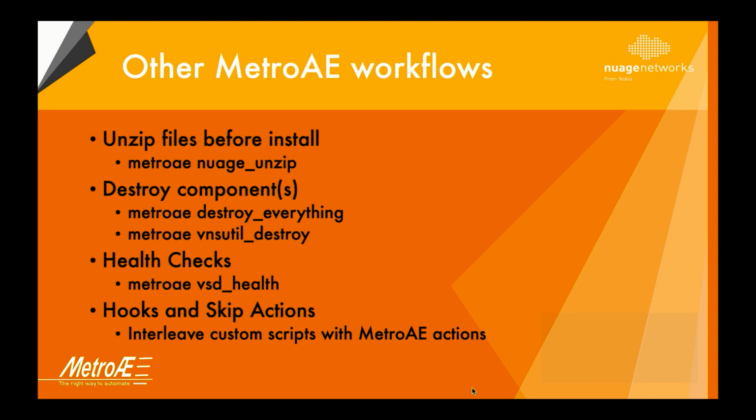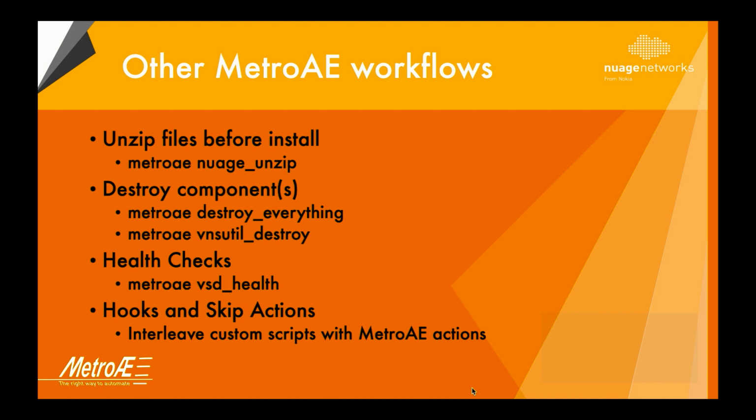Skip actions are simply ways that you can designate there are certain things that you don't want Metro to do. So for example, we have customers who use Terraform to instantiate their own VMs, and then they use Metro to take over from there.